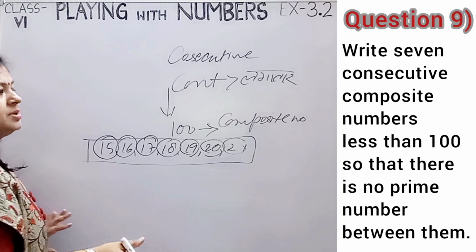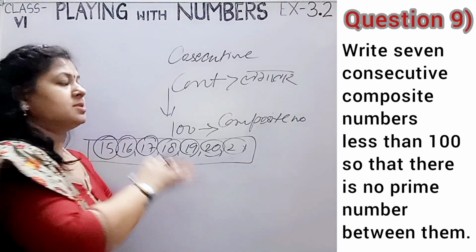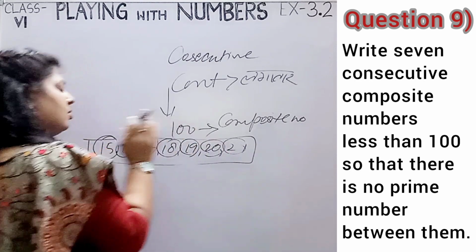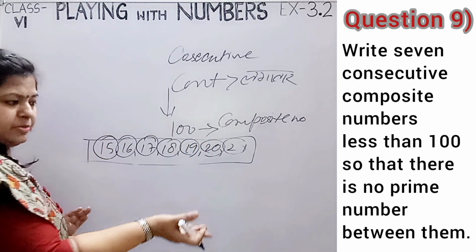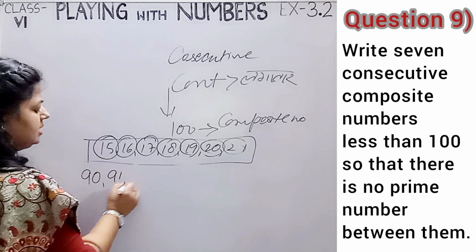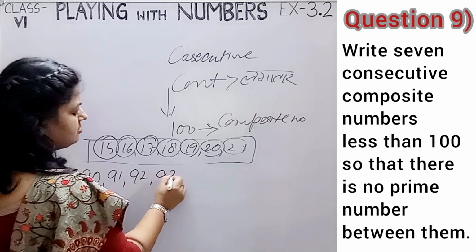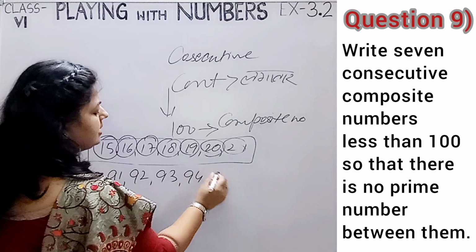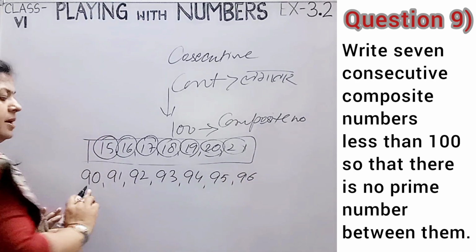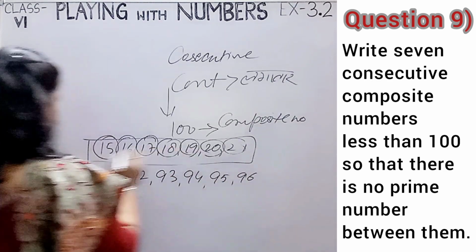But in our question we have to write down 7 consecutive composite numbers only. So there are prime numbers also and composite numbers also. So we have 90, 91, 92, 93, 94, 95, 96. These numbers up to 100 are composite numbers.